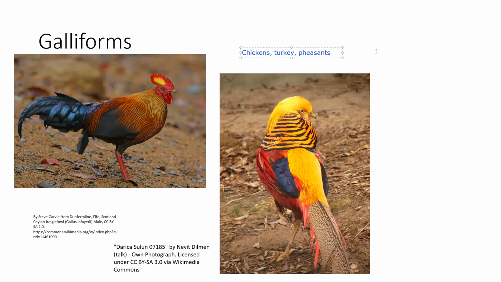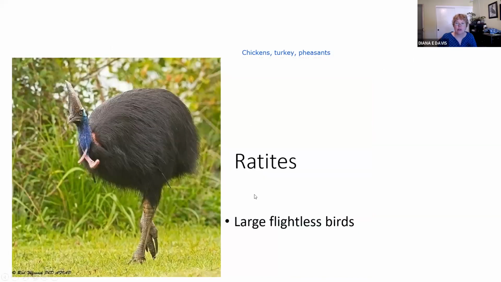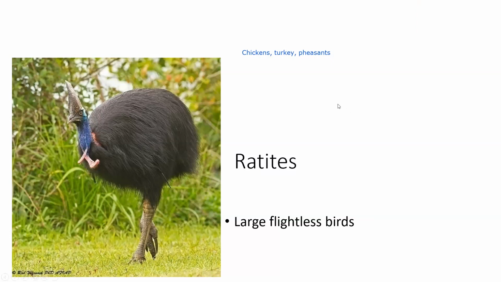Professor, what is that group called? The ostrich, emu, and cassowary? Those are called ratites. Okay, I'm trying to get that. Yep. All right, thank you. You're welcome.